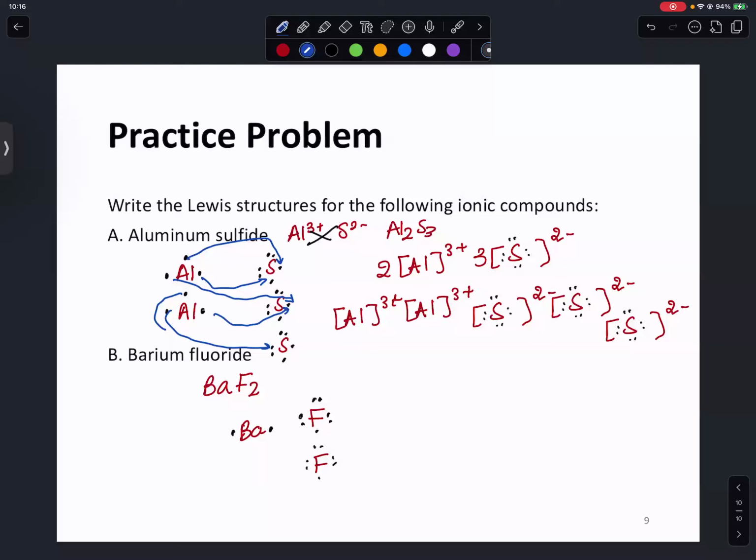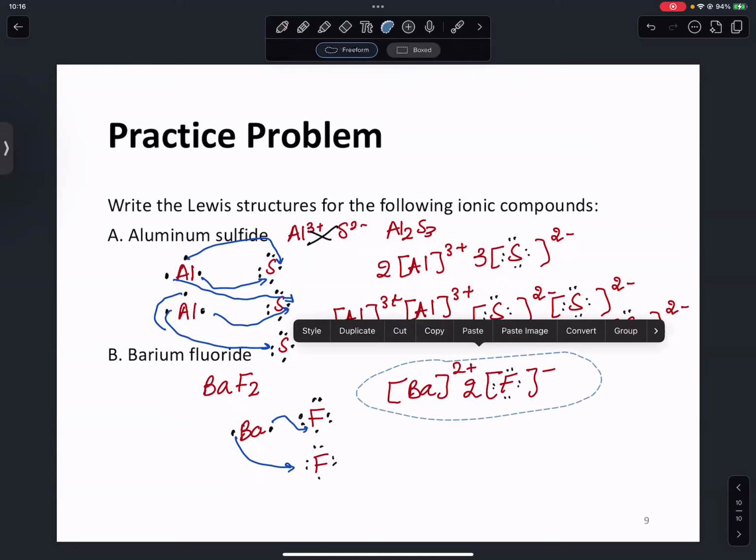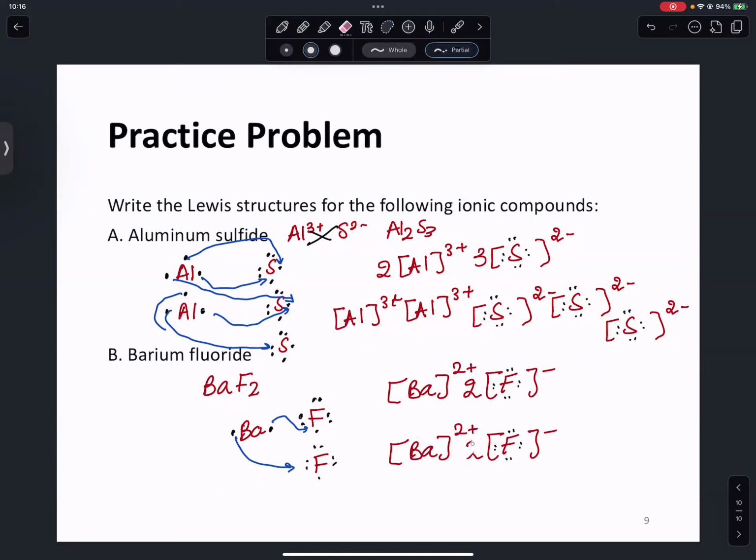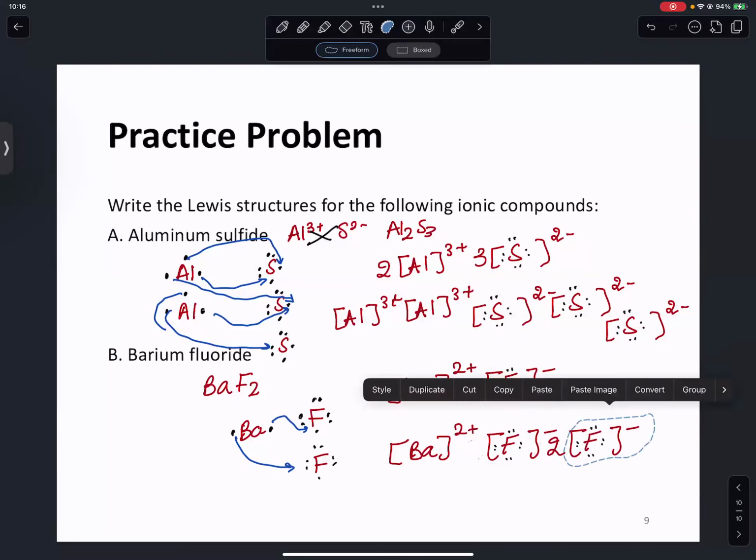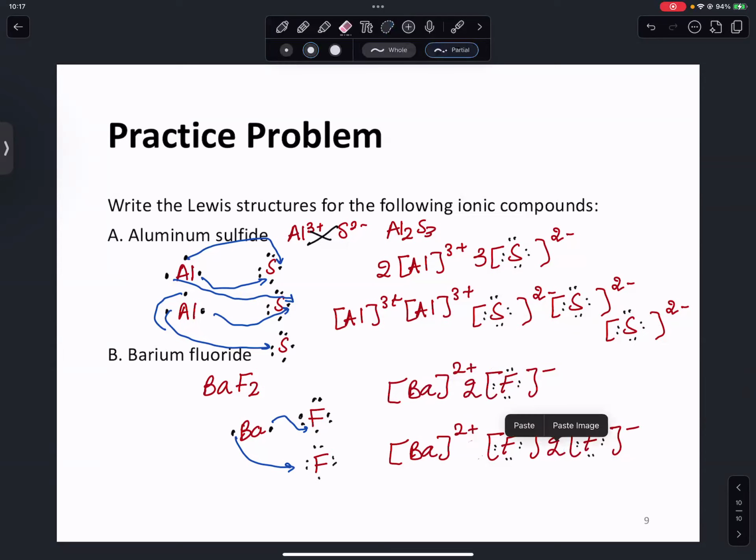Okay, and the barium will donate 1 electron to each of the fluorine atoms, so it becomes Ba2 plus and 2 F minus. Okay, or we can draw it as, and remove the coefficient of 2 and just simply copy this, and let's remove the 2 right here, and it becomes fluoride.